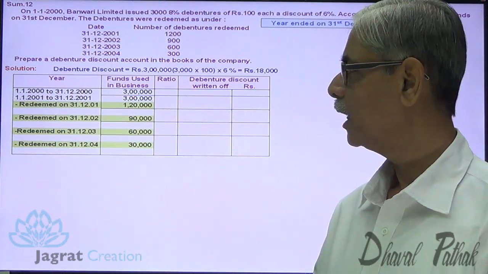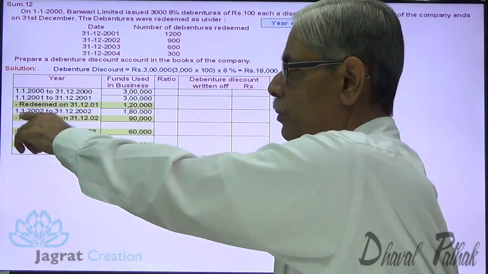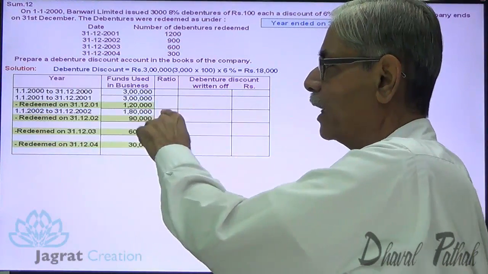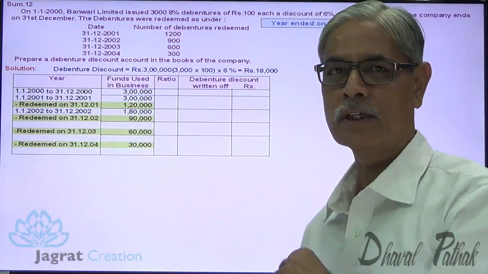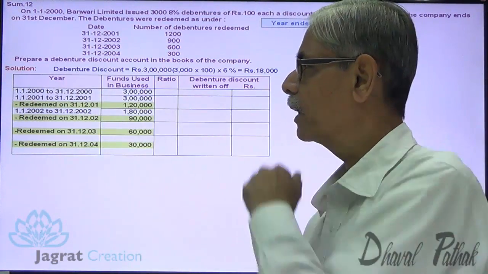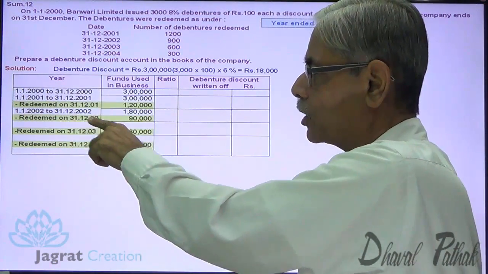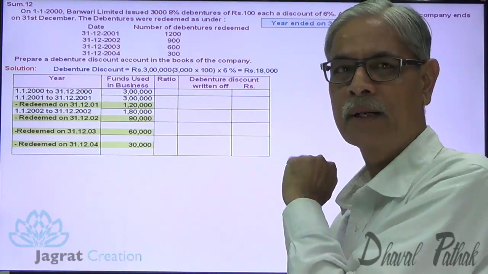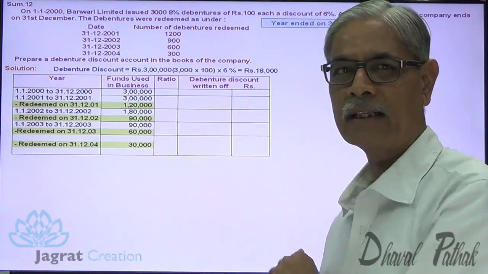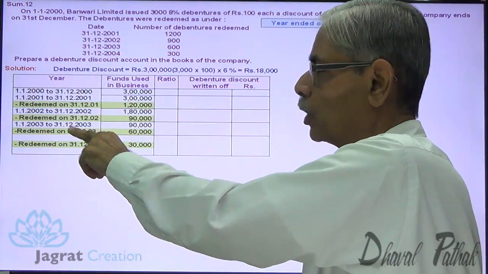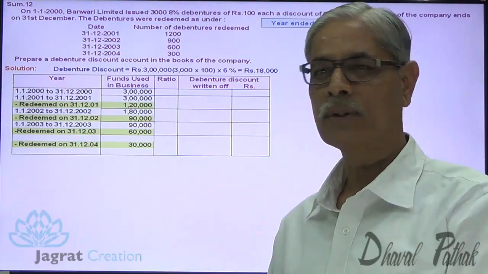Now 1,20,000 has been redeemed, so funds available on 1st of January 2002 is 1,80,000. And from 1st of January 2002 to 31st of December 2002, funds used in business are 1,80,000. On 31st of December 2002, 90,000 has been redeemed. So funds available on 1/1/2003 is 90,000 and they are available to the company till 31st of December 2003.